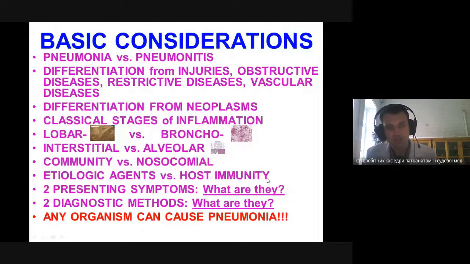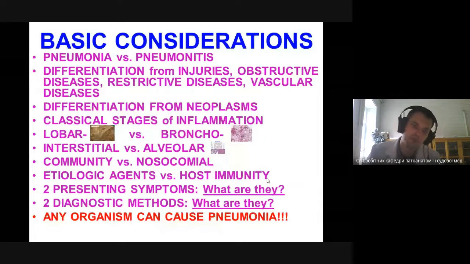So most bacteria, most microorganisms cannot induce any disease with the normal level of our immunity. So oftentimes we need some predisposing factors to develop pneumonias.